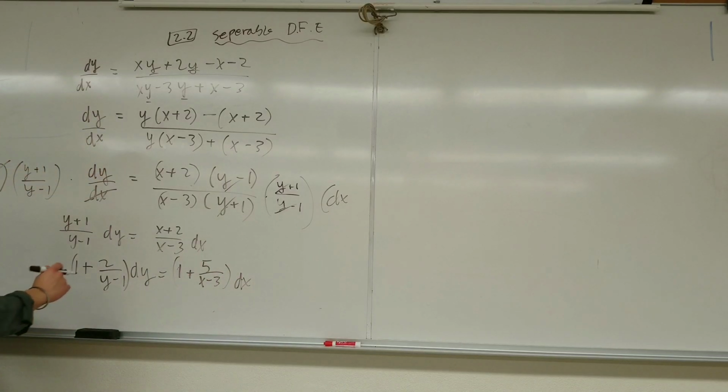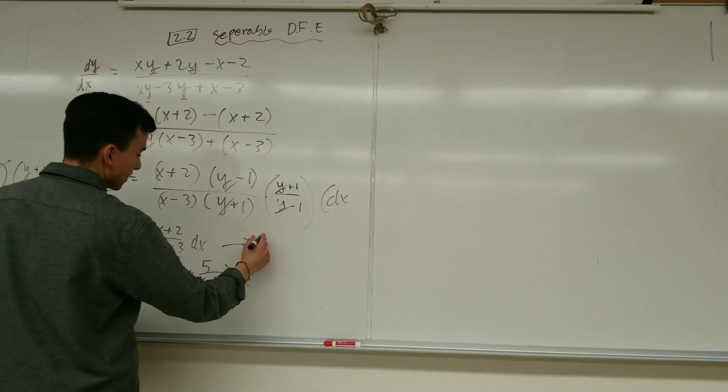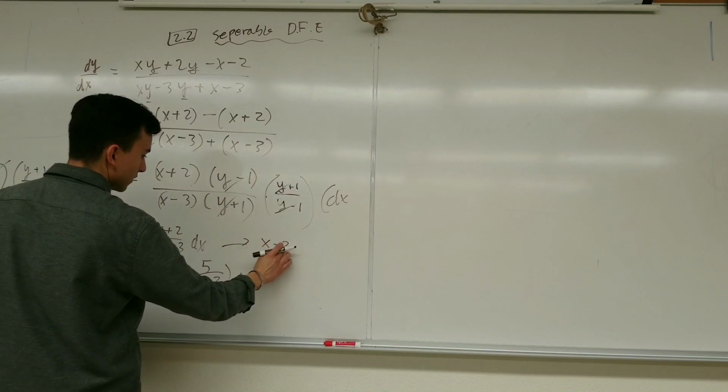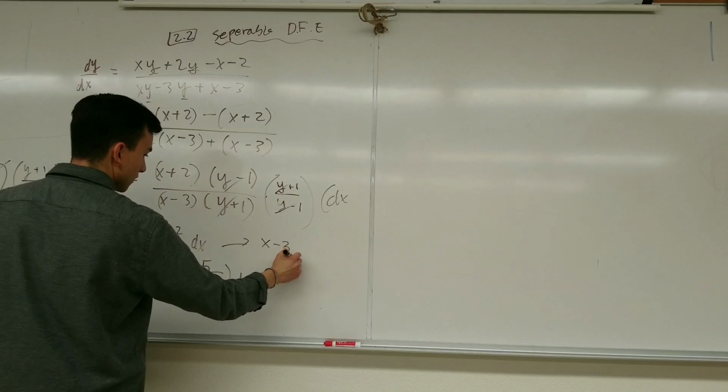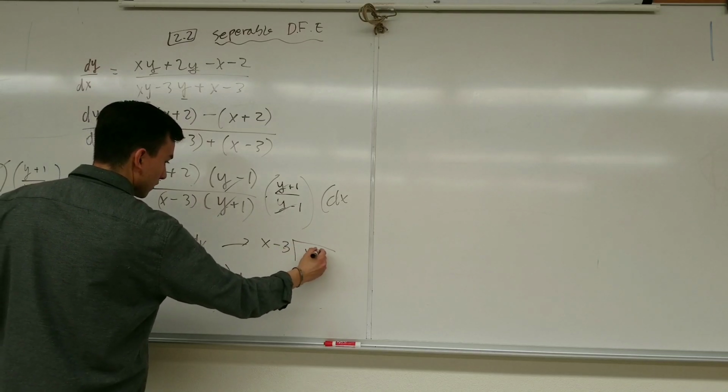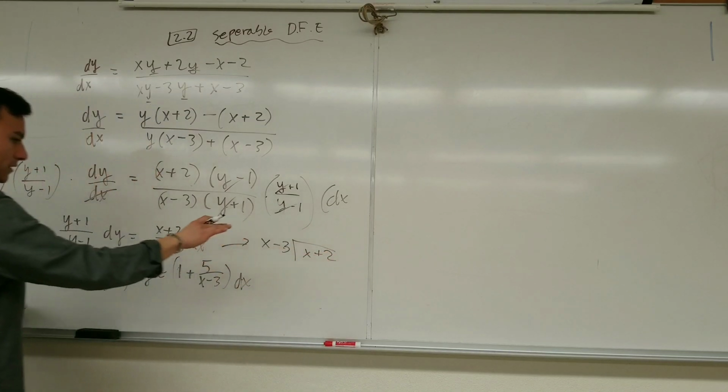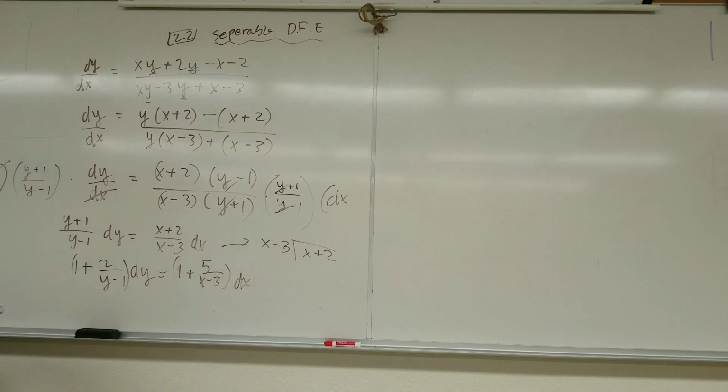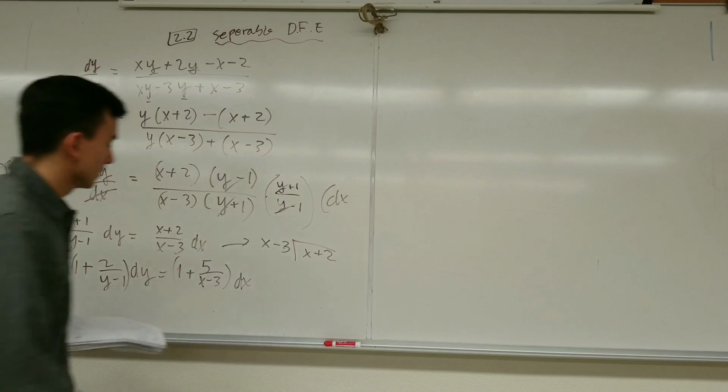Now I divide them simply because it's going to make it a little easier on me to integrate. So if I divide that, that's how I would divide it. Same with here, I would divide like this, and then I would get this. Okay.